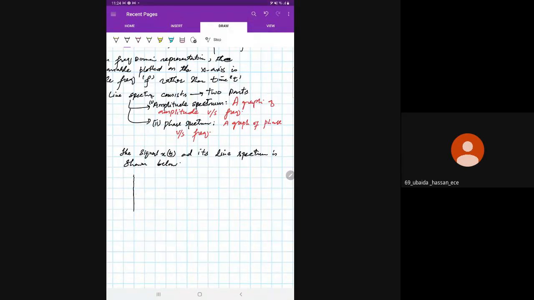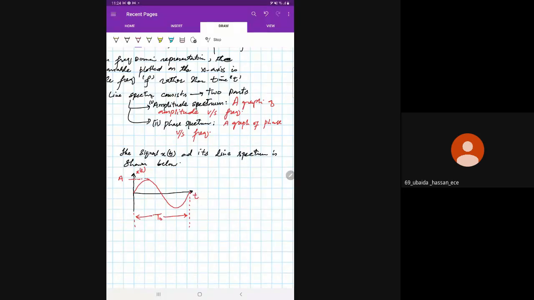Let us say this is my signal, a sinusoidal signal. What are its properties? One of the properties is that it has amplitude equal to a. Another property is that its fundamental time period is equal to t naught.